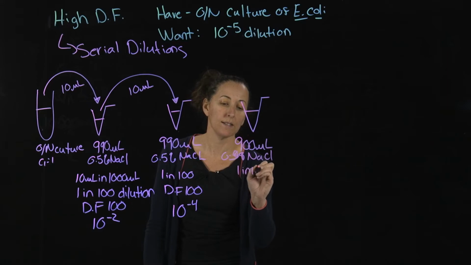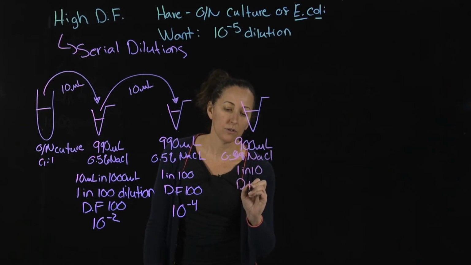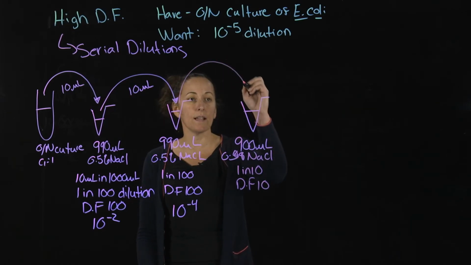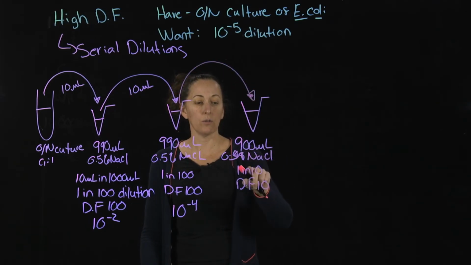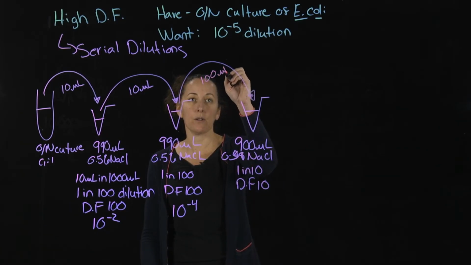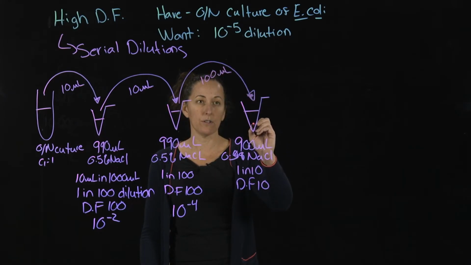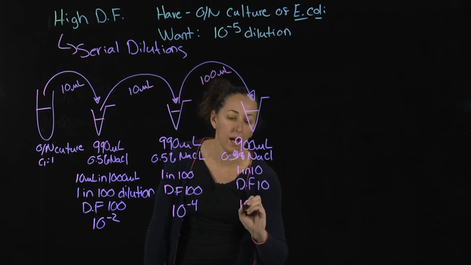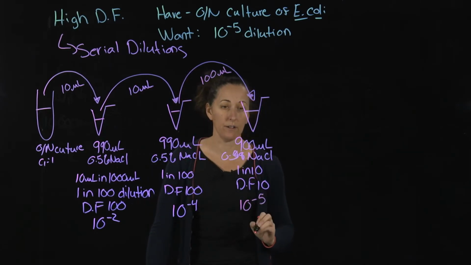This is going to be a 1 in 10 dilution, dilution factor of 10. So we're going to take 100 microliters out of our 10 to the negative 4 into 900 microliters of our NaCl, dilution factor 1 in 10. We are now at 10 to the negative 5.